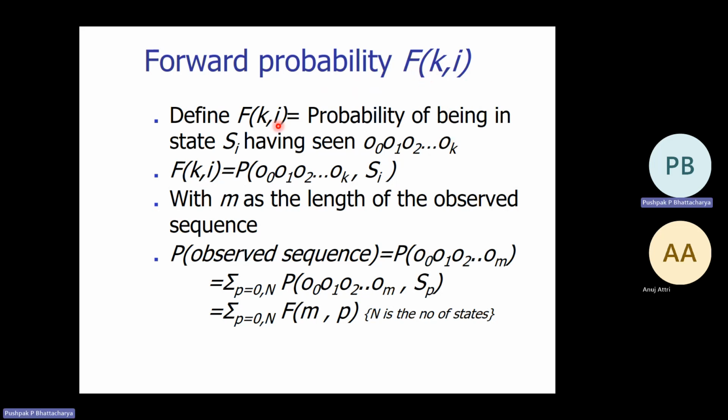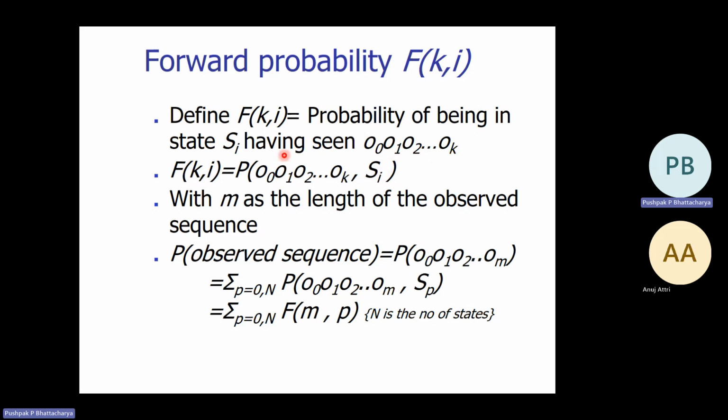So define F(k, i) as the probability of being in state Si, having seen the prefix of the observation sequence. What is the length of the prefix? The length of the prefix is k plus 1: O0, O1, O2 up to Ok.